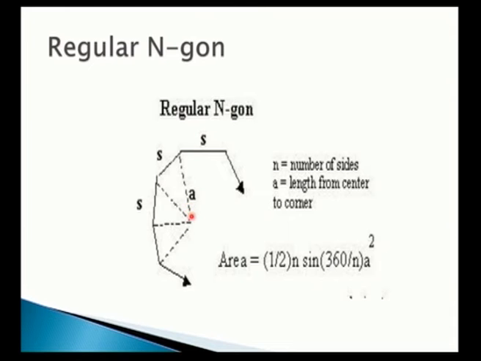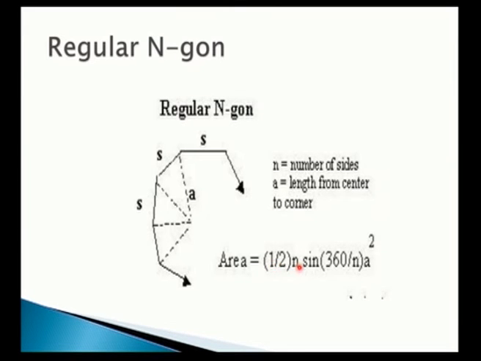If the two ends are connected to the center of that regular shape, then the distance of the end to the center is equal to a. N is the number of sides. Then the area of this octagon, number of sides is equal to 8.